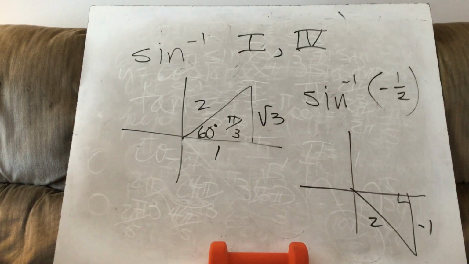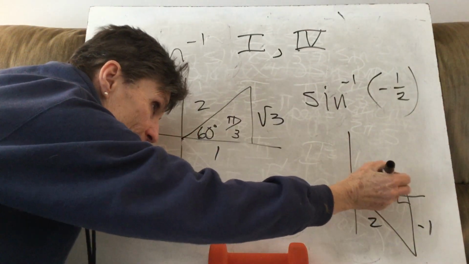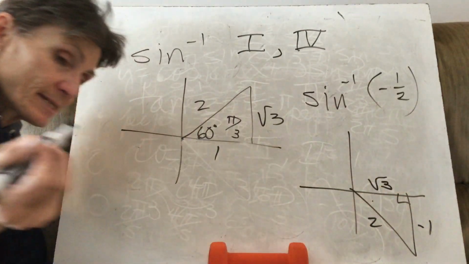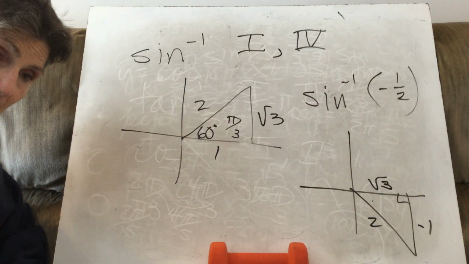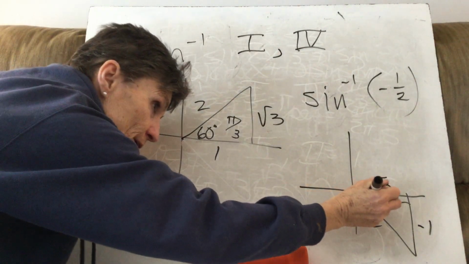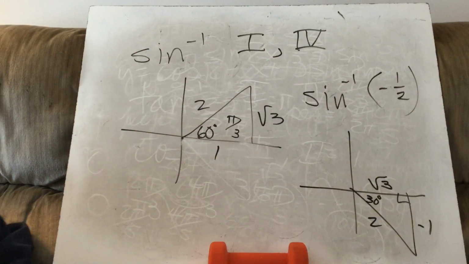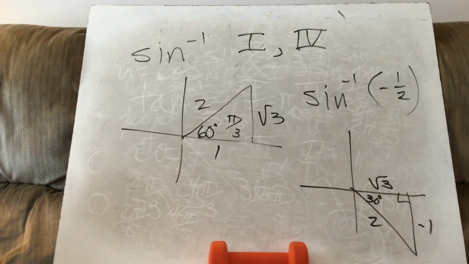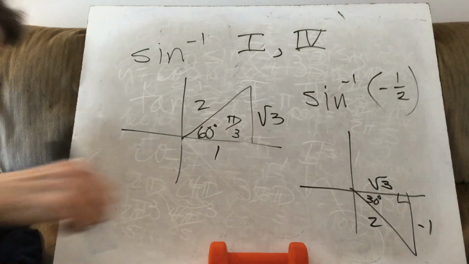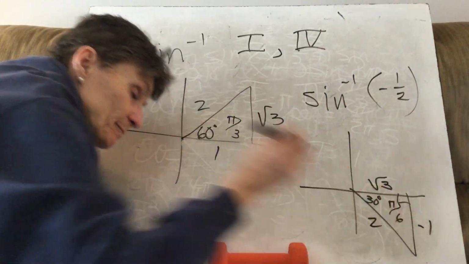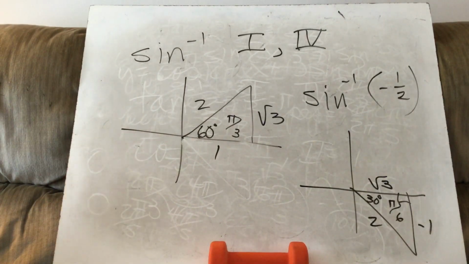Remember, we're doing this with no calculator, so you should recognize that triangle. How big is the angle this time? 30. Yep, that's a 30-degree angle. Remember, we're in radians, so 30 is a sixth of 180. So this is pi over 6. Now, do you think pi over 6 is the answer to the question?